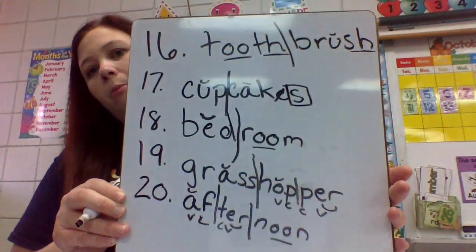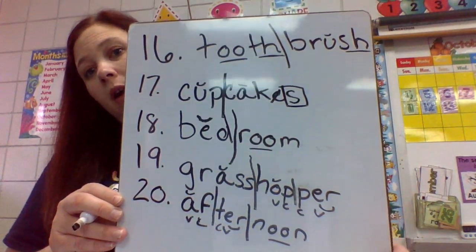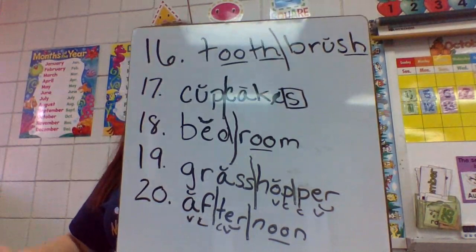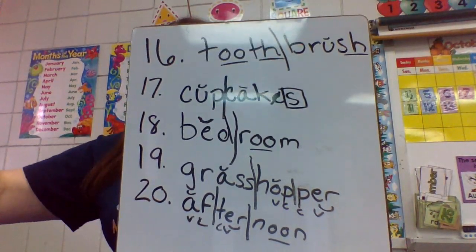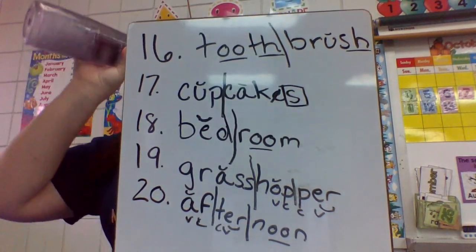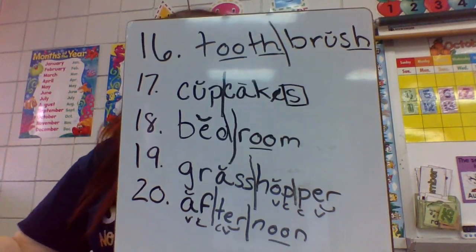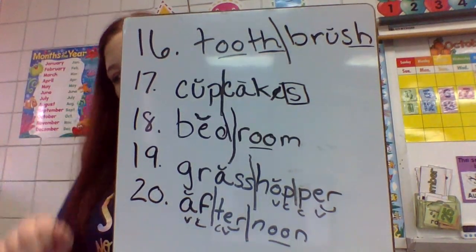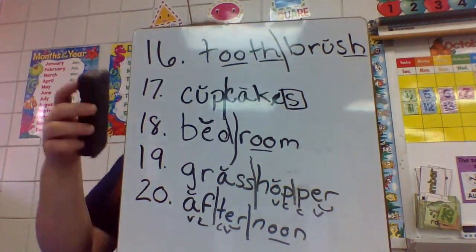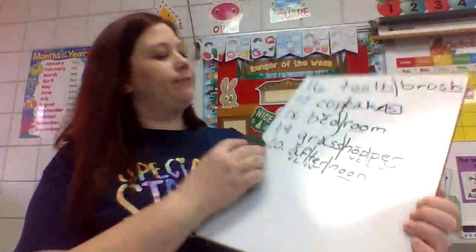I'll hold these up. Pause if you need to, because I'm going to erase and go on to the next section. Oh, also, go ahead and look at that picture next to your words and decide which one of these words matches and draw a line.